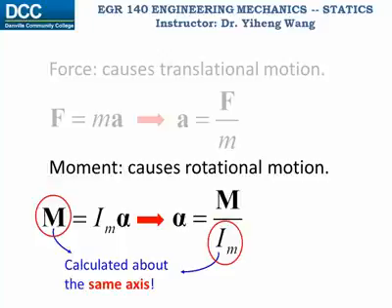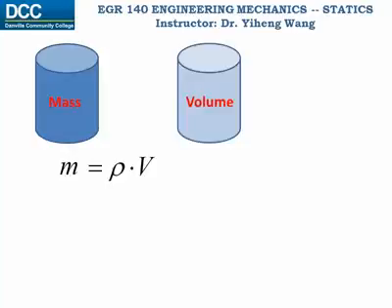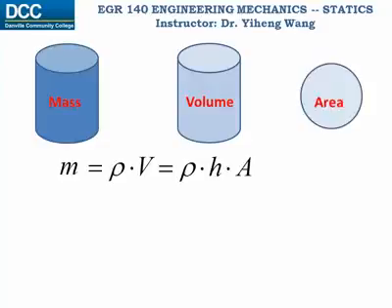What about the area moment of inertia? We know that for an object with certain mass, if it has uniform density ρ, then mass equals ρ times the volume V, and we can use a volume to represent the object. And if the volume has one uniform dimension, say uniform height h, then V is h times the cross-sectional area A, and we can use the area to represent the object. The area can be considered as a geometric reduction of the object.